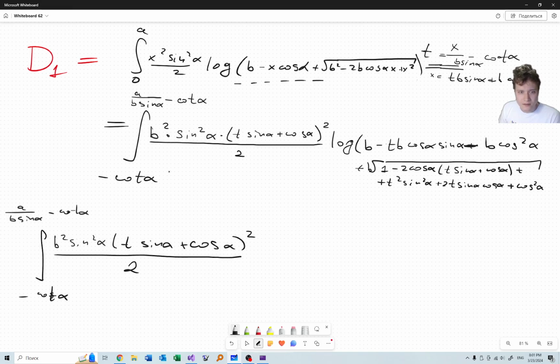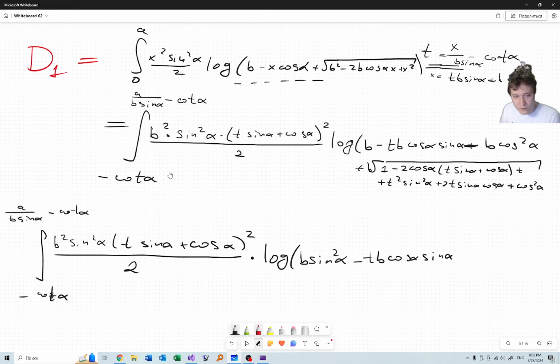After that we have times logarithm of what? So here we have b minus b cosine squared alpha. It is b sine squared alpha. B sine squared alpha minus tb cosine alpha sine alpha.